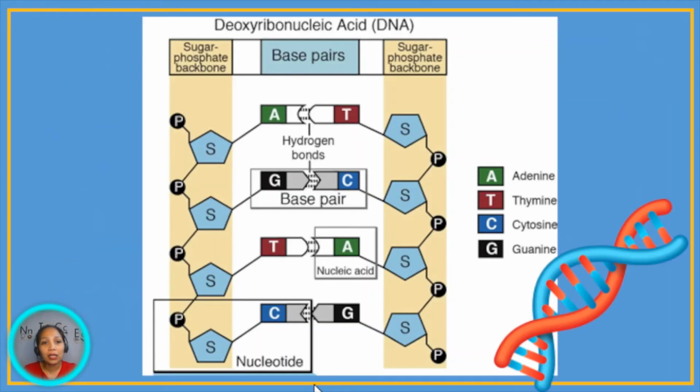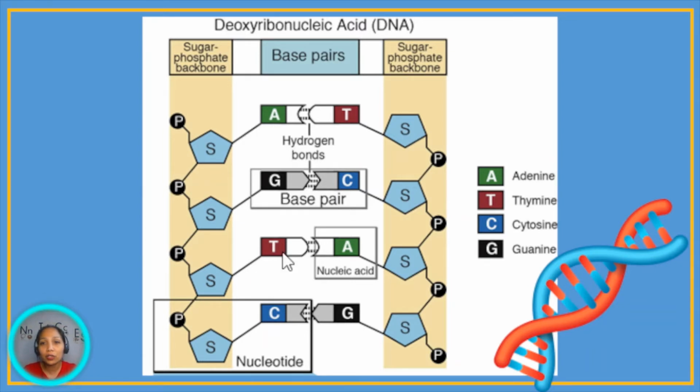A DNA polymer resembles a spiral staircase. Alternating sugars and phosphates form the rails of the staircase, so it becomes the sugar-phosphate backbone.